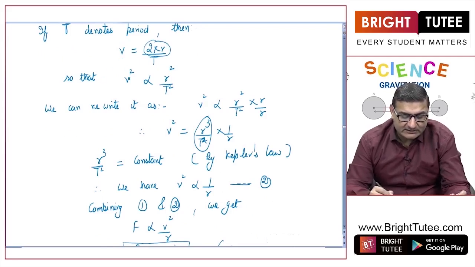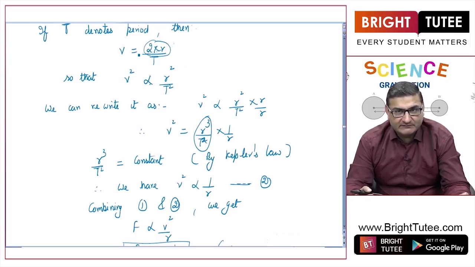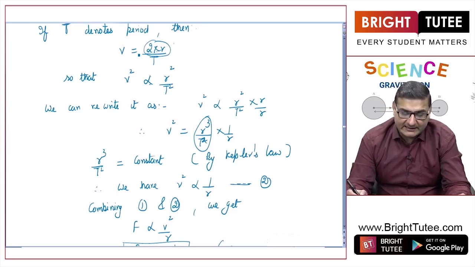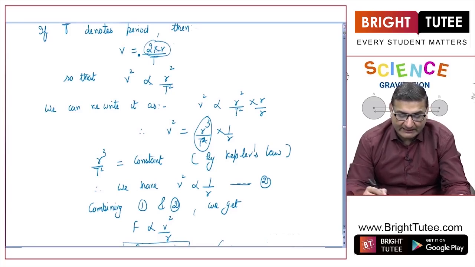Now, if we take the square of this v, the 2 and the pi are both constant values. So we can say that v square is directly proportional to r square upon T square, because 2 is a constant, and pi, whose value is 22 by 7 or 3.14, is also constant.